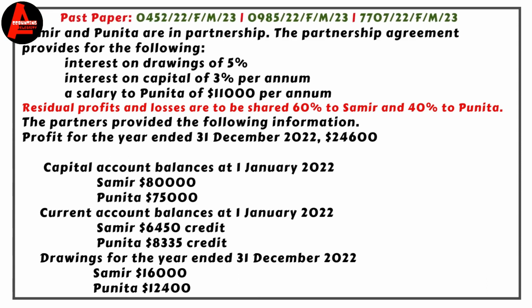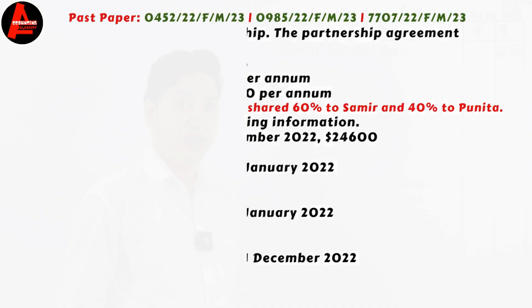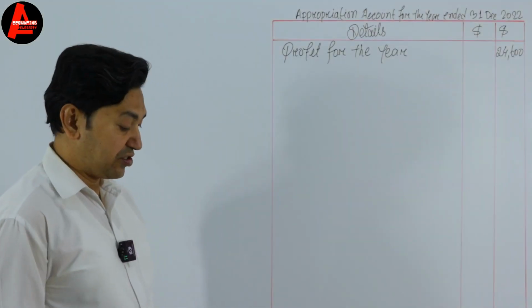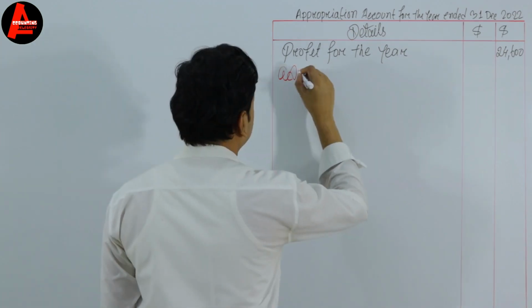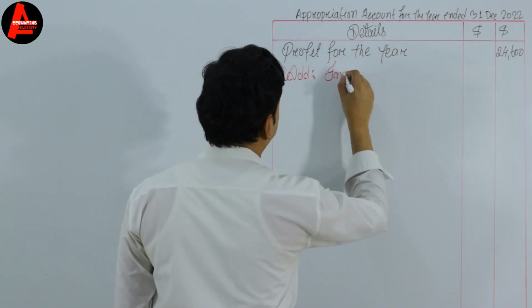Okay, so what are the drawings here? At the end of the question we have drawings. Drawings for the year ended 31st December 2022: Samir, it is $16,000 and Punita $12,400. Okay, these are the drawings they make. So we will calculate interest on drawings first. Let us write here add interest on drawings.